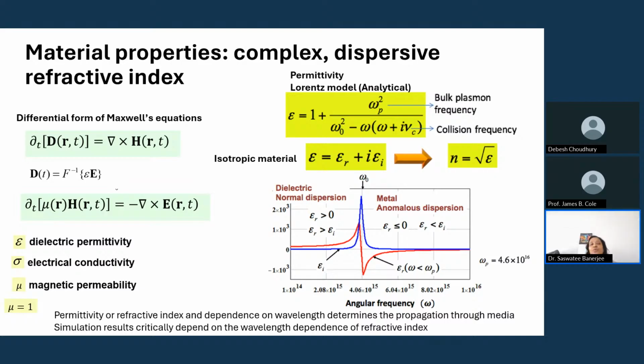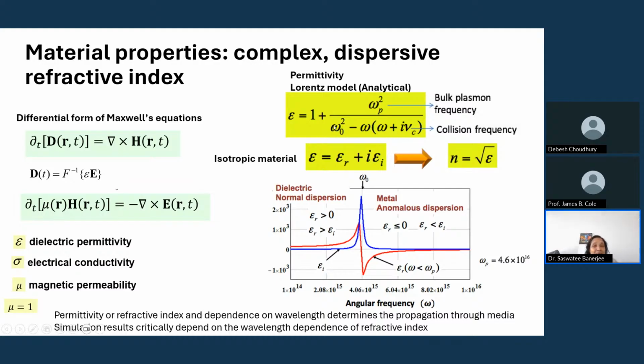Because if you don't want to go into the whole quantum mechanical concepts, then it is a very good way of understanding how the material behaves. So in simple terms, this is a simple way of describing the behavior of the permittivity.